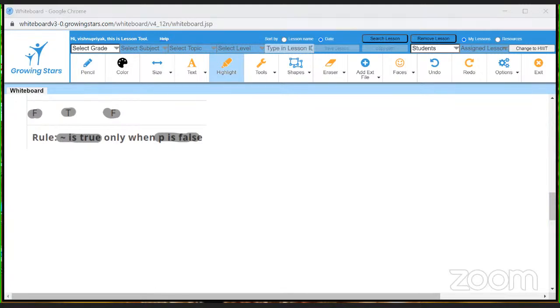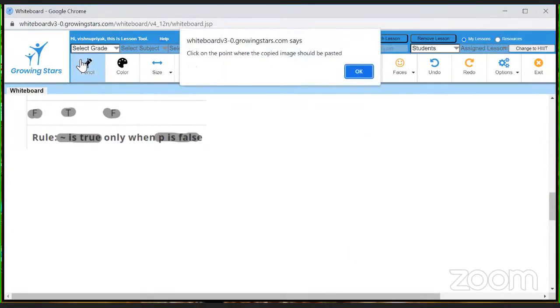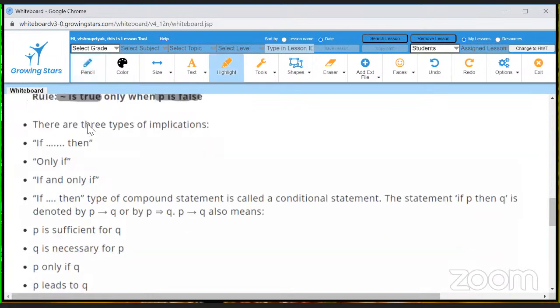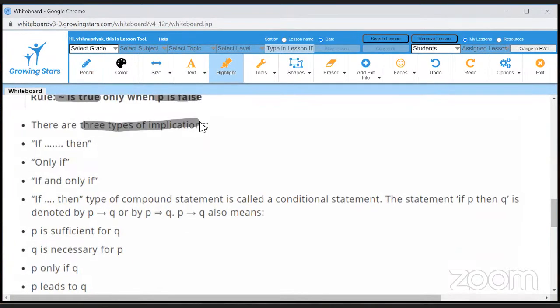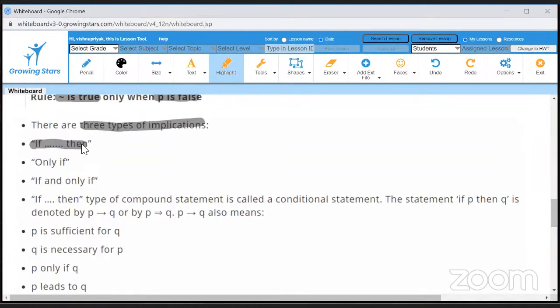Next, we will learn about implications. What are these implications? I'm writing here. There are three types of implications: if then, only if, and if and only if.